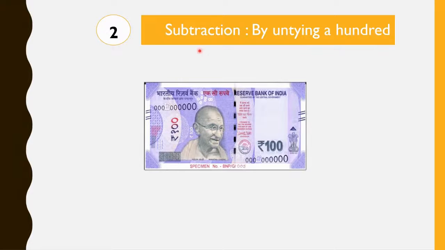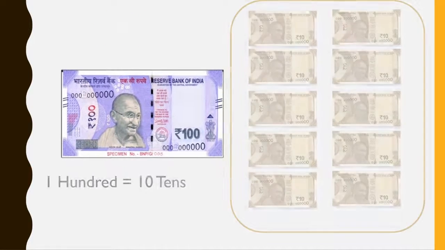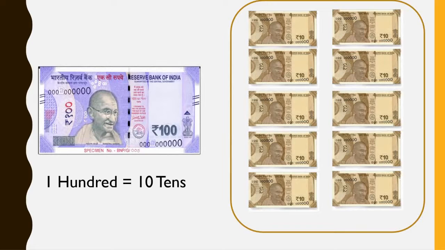Next is subtraction by untying 100. So there is a 100 rupee note and some 10 rupees notes.